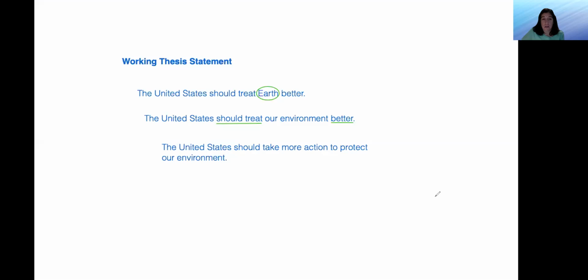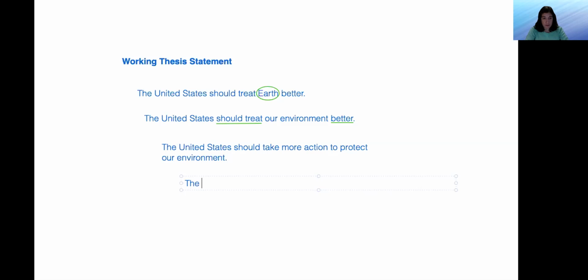So, remember we had the United States should take more action to protect our environment. That was more specific than we should treat our environment better, but we can do better than that. So we ask ourselves, okay, how do we take action? What action should we take?